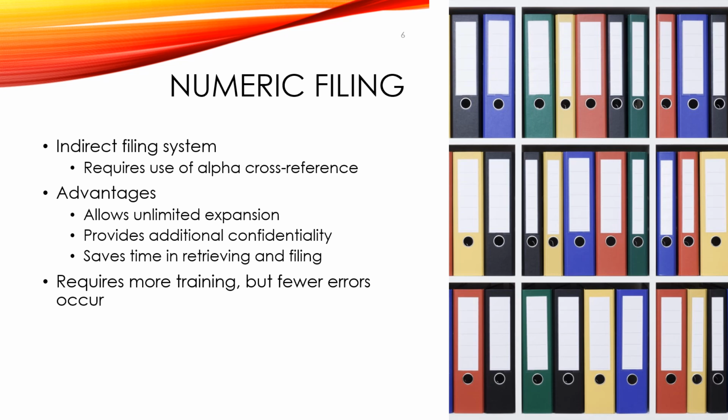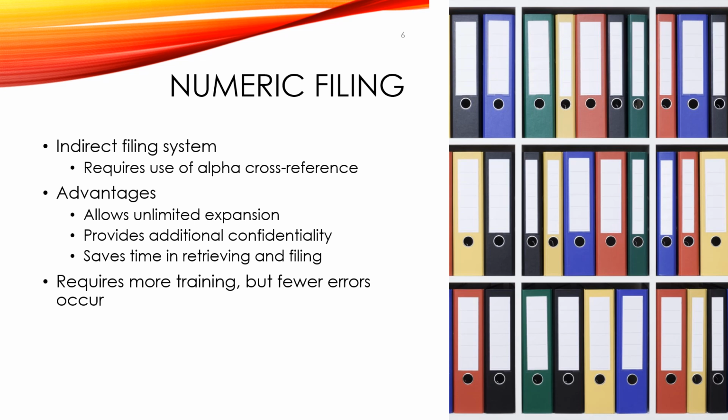It allows for unlimited expansion because patients are assigned a consecutive number when they visit the practice. The first patient is given number 1, the second patient number 2. Usually it's more digits, like 00001, 00002, 00003, and as they come in, we just add them to the end. So we don't have to worry about our area of S's getting too big and having to move all the other files.